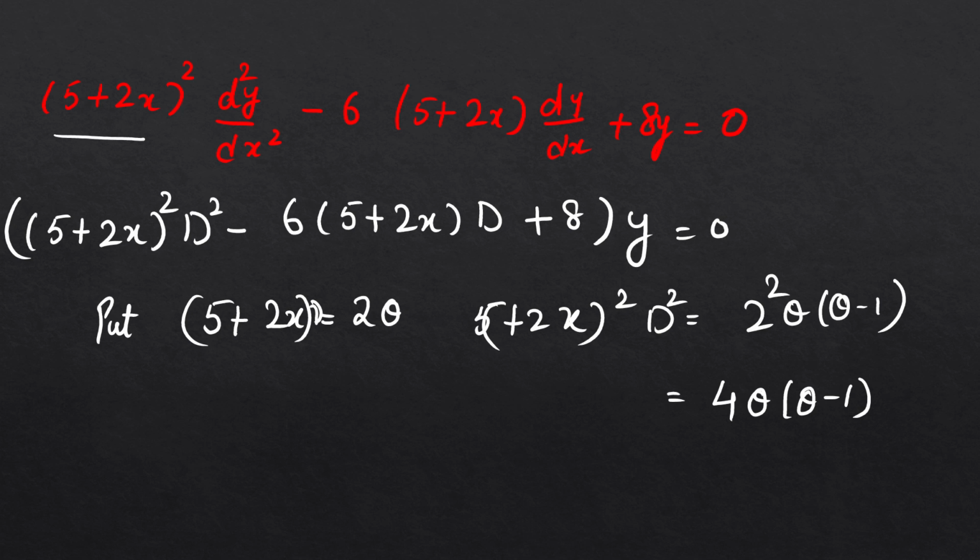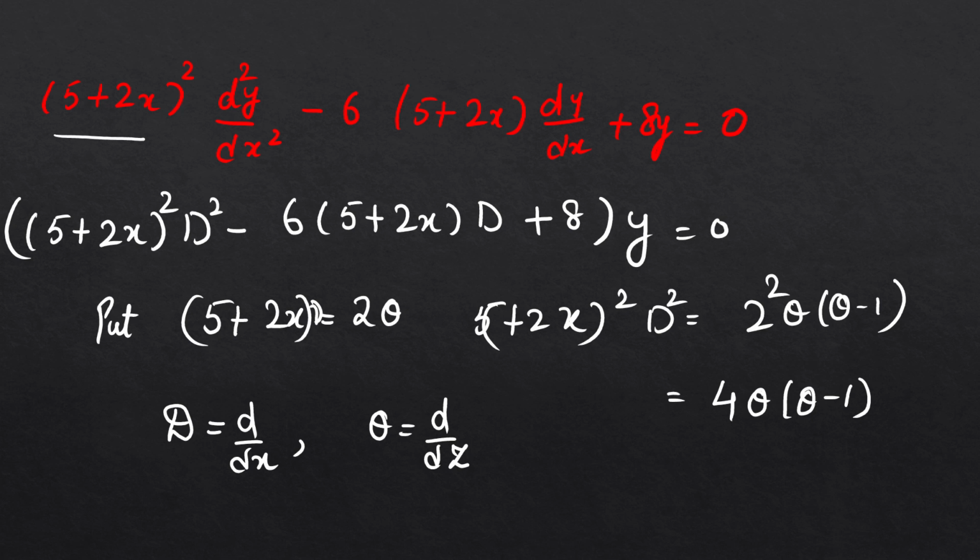One thing always remember, where D is taken as d by dx, theta is taken as d by dz. Just as D is a derivative operator, theta is also a derivative operator, but it is the derivative with respect to z.